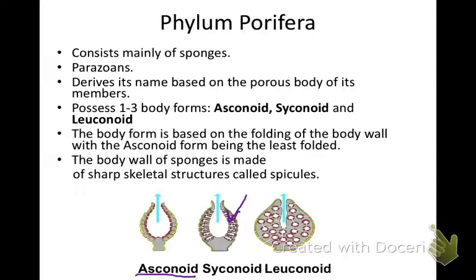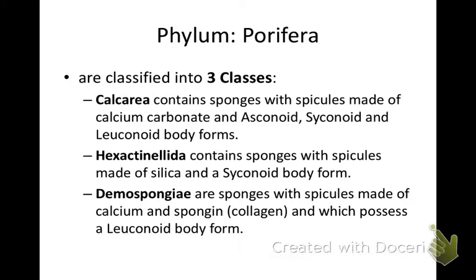And if we have extensive invaginations that make small chambers in the body wall, we call that leuconoid. The body wall is made up of skeletal structures called spicules that are embedded in some sort of matrix.